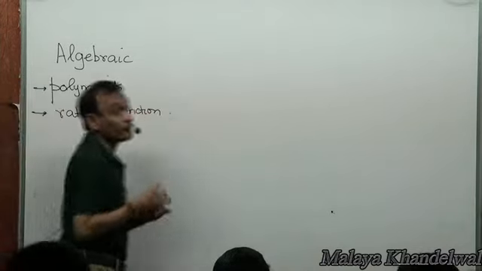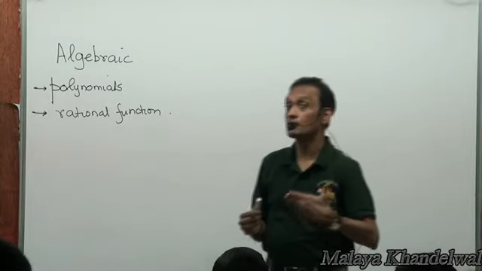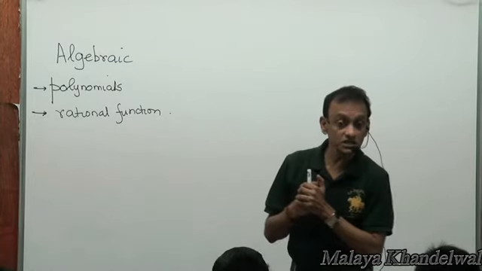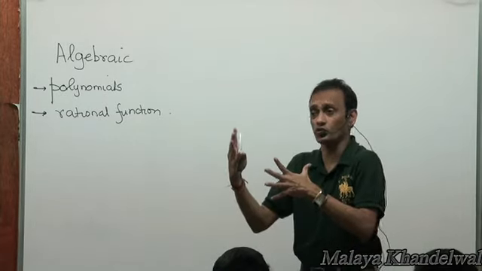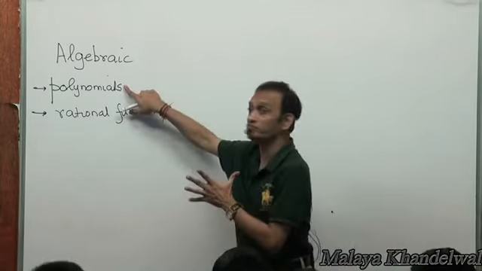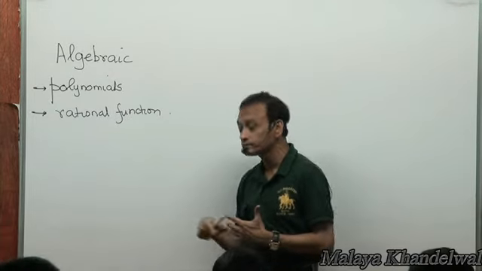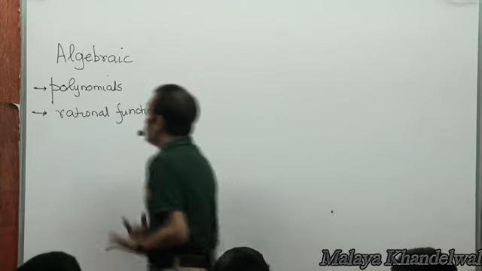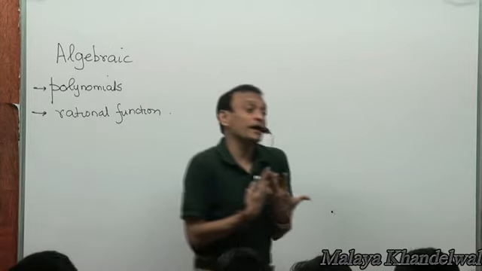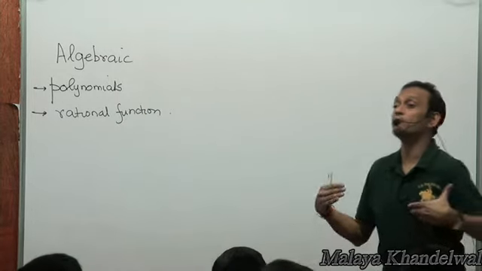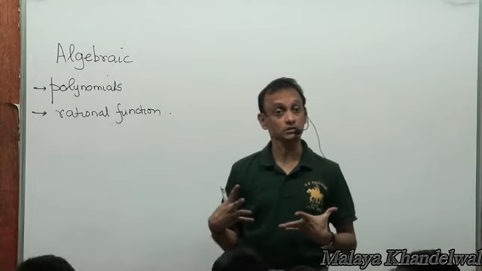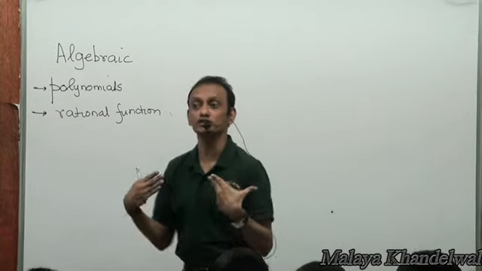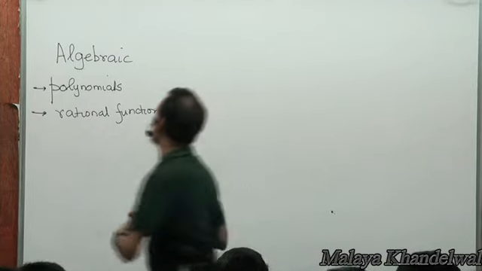In a polynomial, of course, powers of x are integral, are natural numbers. In fact, are whole numbers. They could be 0 also. 0, 1, 2, 3 are powers of x in a polynomial. We could have an algebraic entity in which powers of x are non-integral. They could be fractional, and so on and so forth. Those are irrational functions.